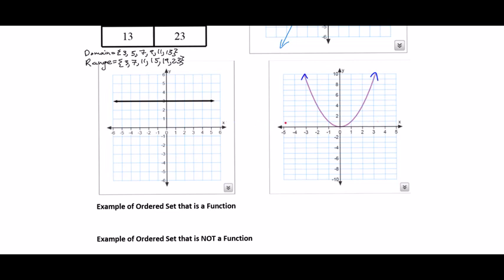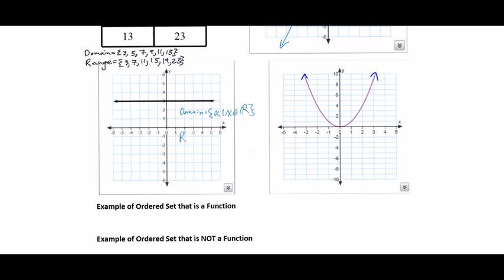For any x I choose here, I'll always find a point that's going to be on this line. So I do the same thing for this. And now our domain for this straight line is still going to be x such that x belongs to real numbers again.